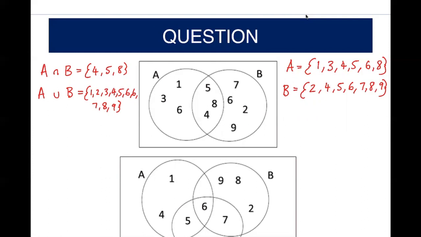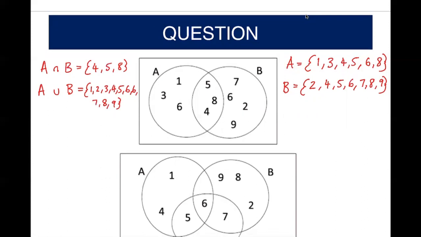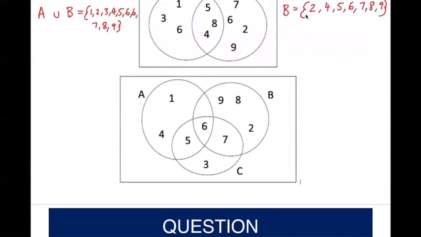Right, now this is a bit harder. It's got 3 sets now. So have a go, do the same thing. I want to know A equals and B equals. Now this could take quite a while. I want you to tell me what's in A intersection B. What is B intersection C? What is C intersection A? And then the final bit, so this might take a little while.